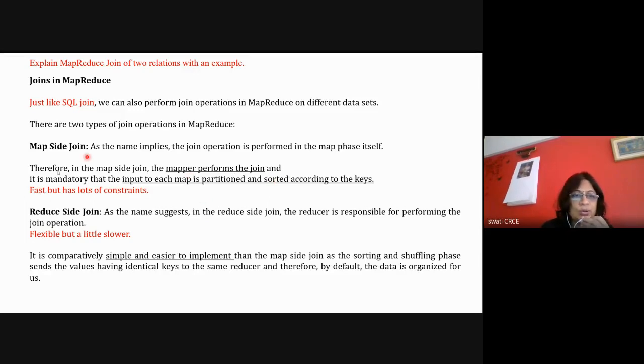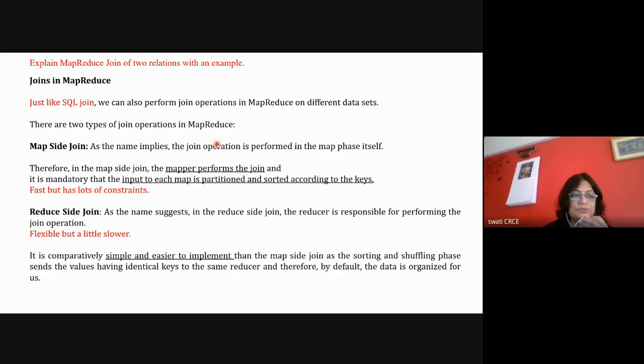In reducer side join, you do the main job of joining at the reducer side. The advantage of map side join is that it is very fast, because the join is done locally at the mapper, and then mapping and reducing happen in the distributed architecture.